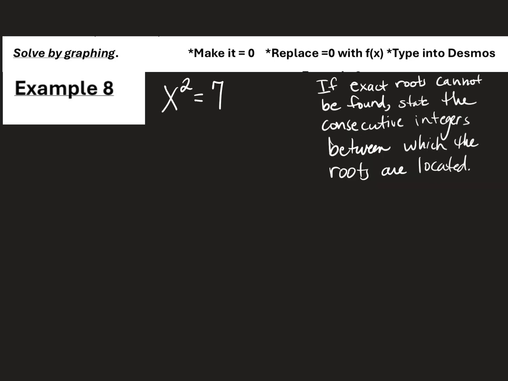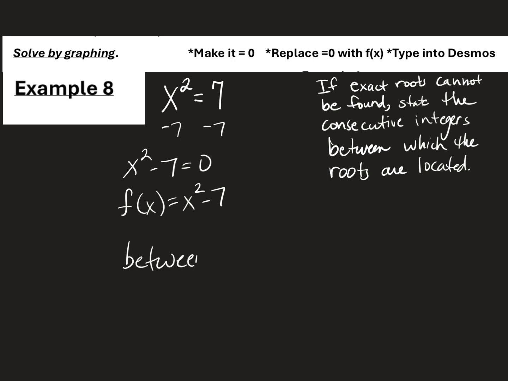For the next one, it says if exact roots cannot be found, then state the consecutive integers between which the roots are located. So you're going to make it equal 0, just like we did before. You are going to type y equals x squared minus 7 into Desmos, and then you're going to tell me between what two integers the solutions are.